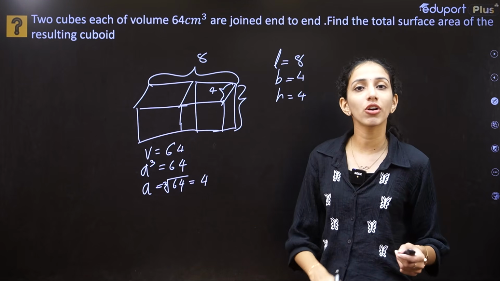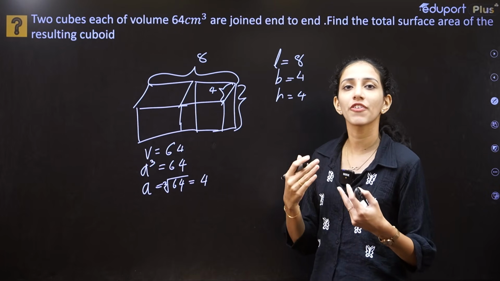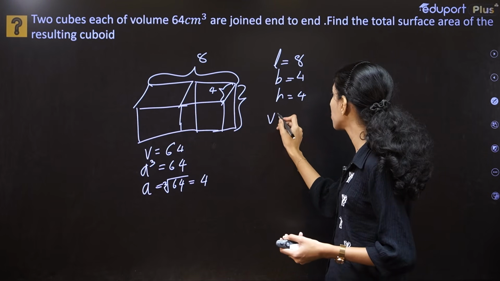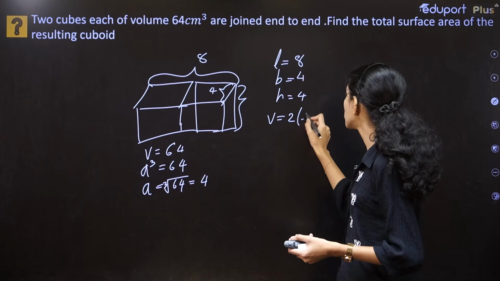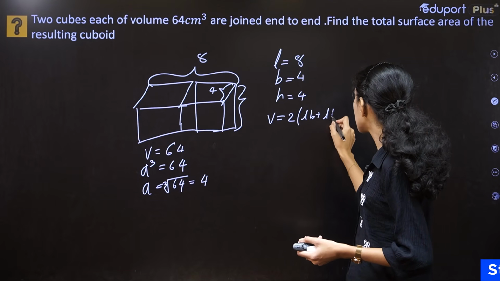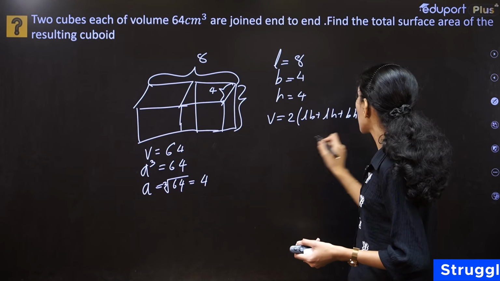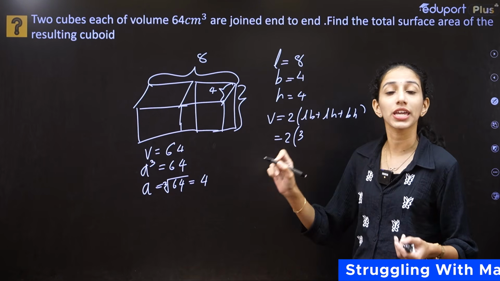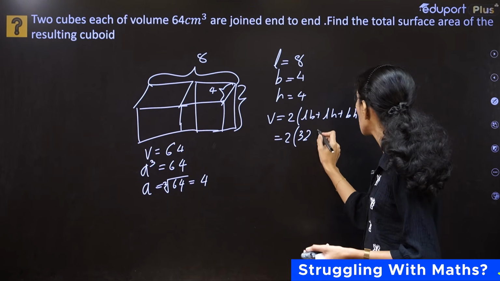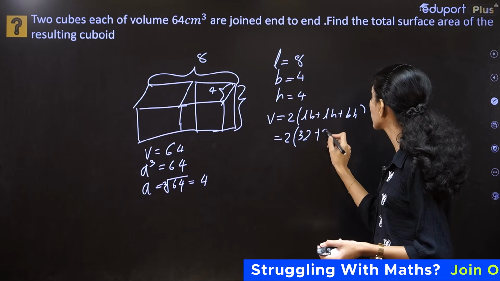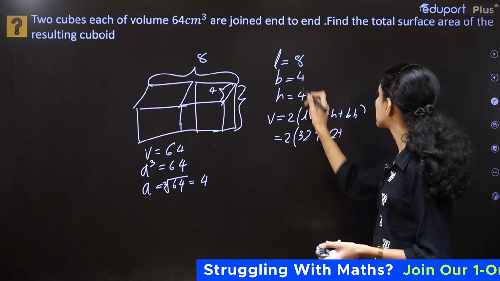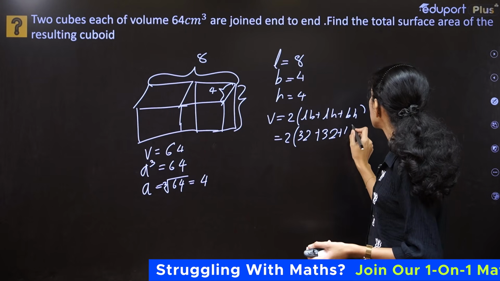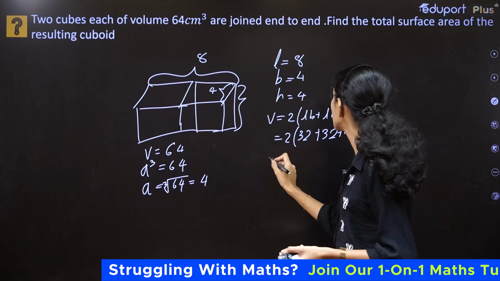Then we are going to substitute these values in our equation. What is the surface area of the cuboid? It is equal to 2 into LB plus LH plus BH, which is equal to 2 into, LB is equal to L into B, 8 into 4, 32, plus LH, which is also equal to 32, plus BH, BH is equal to 16, 4 into 4 is equal to 16.